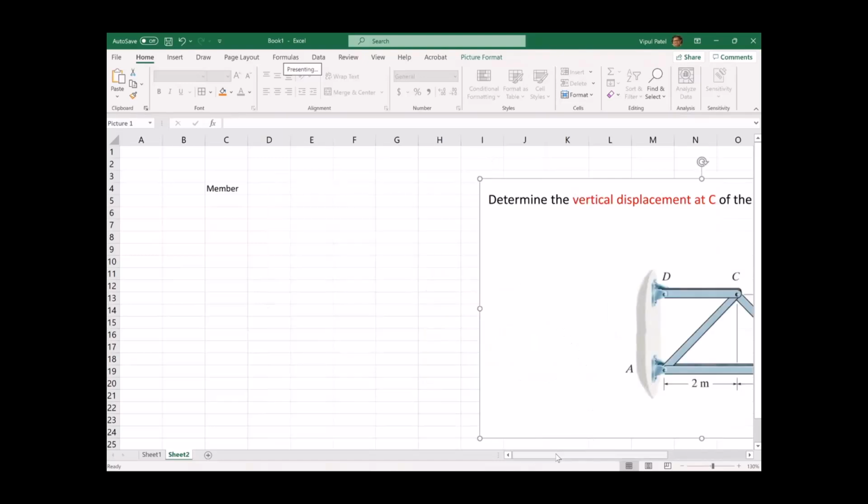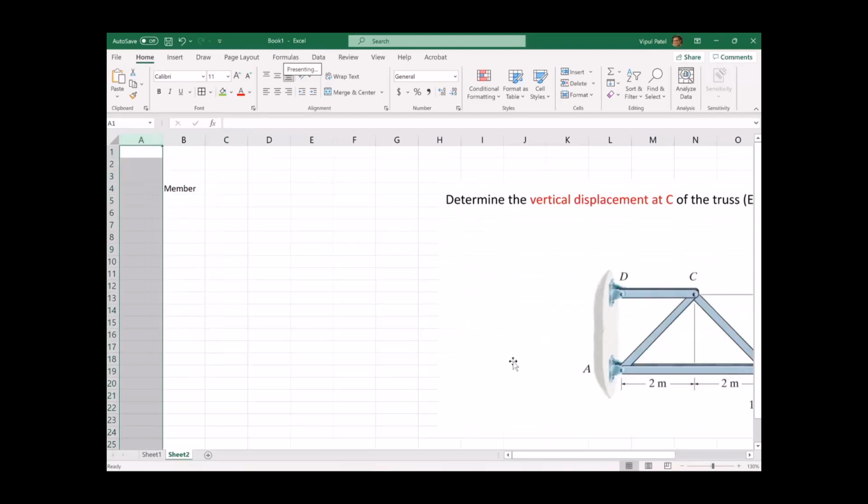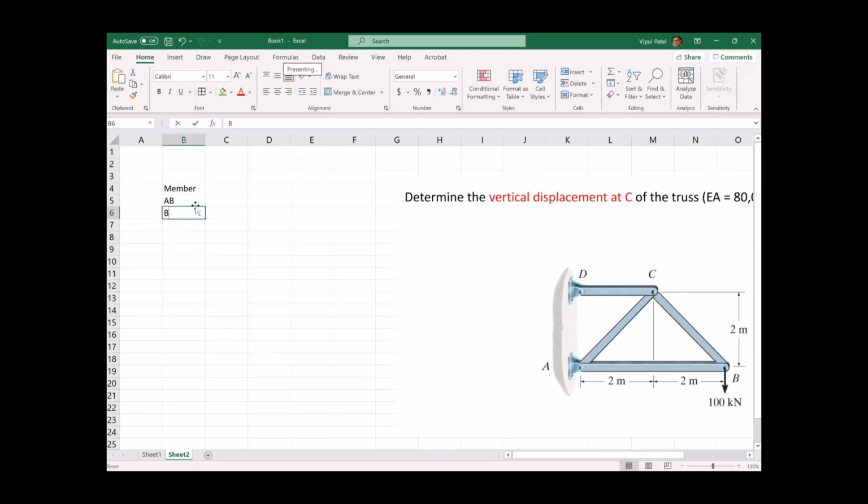So we have member AB, we have member BC, we got member AC, and we got member CD, right?